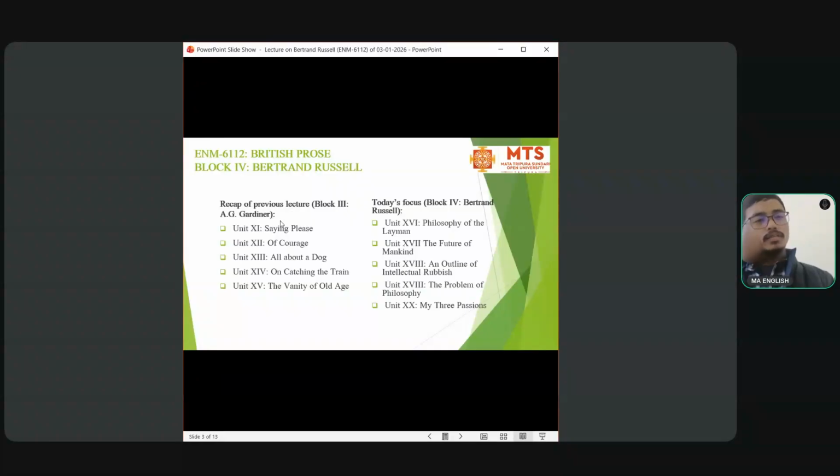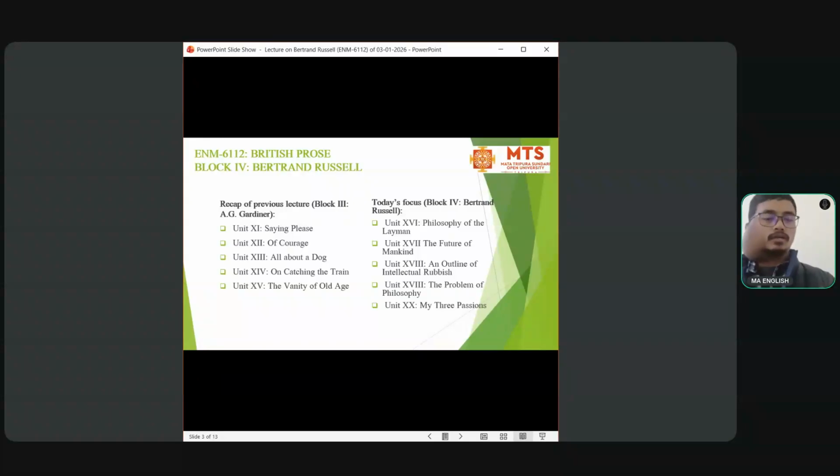In the previous lecture we have completed 5 units in block 3, that is on A.G. Gardiner. Here we have seen, in unit 11, how Gardiner discusses the importance of politeness and good manners in everyday life, and in unit 12 how he presents courage as a moral quality rather than physical bravery.